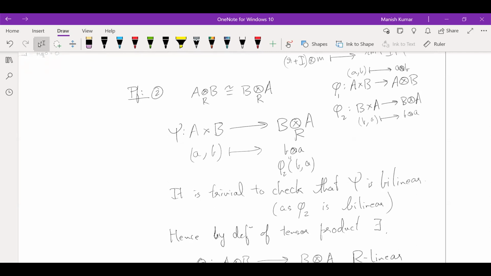So you define C to be this map, and since phi2 is bilinear, linear in both variables, and C is just switching them, C is also bilinear.